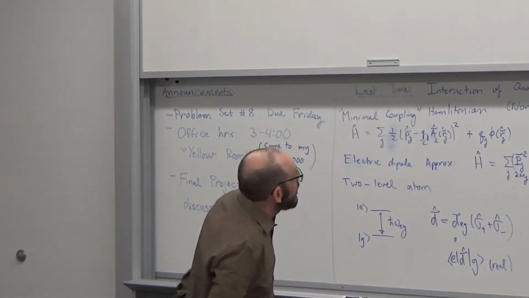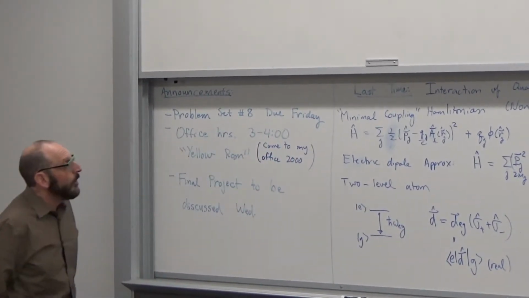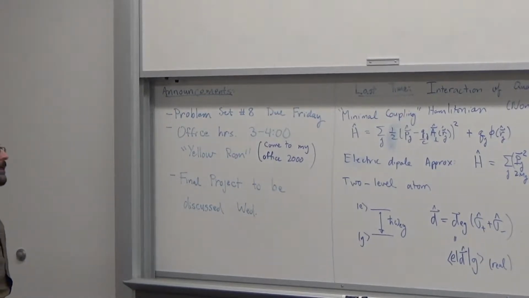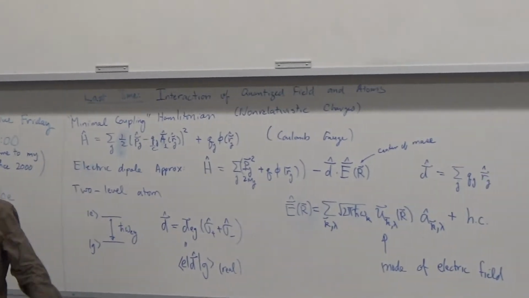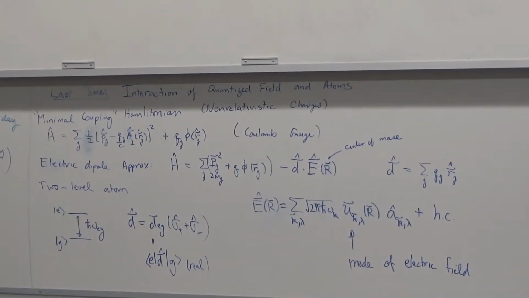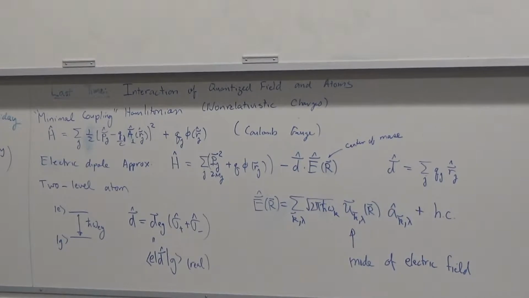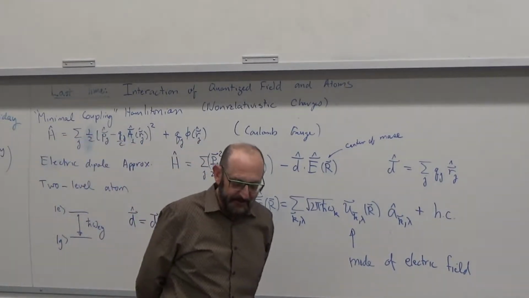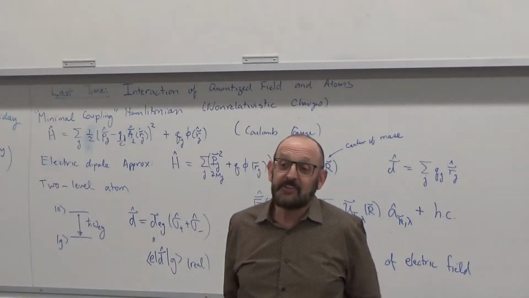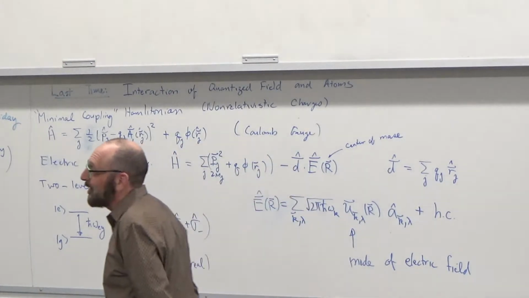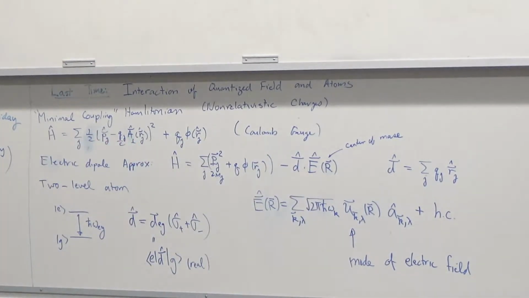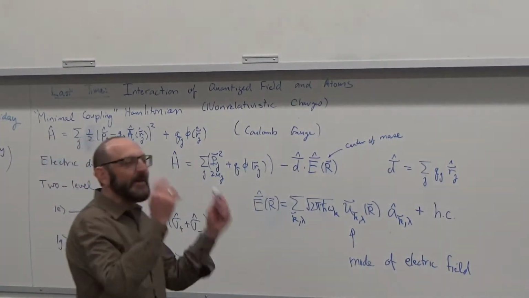Okay, so let's see. What we were talking about in the last lecture was the interaction of quantized fields and atoms. As we will develop in this lecture, we take what is a fairly complicated and sophisticated problem of quantum electrodynamics, which is hard to solve and baffling in many ways.